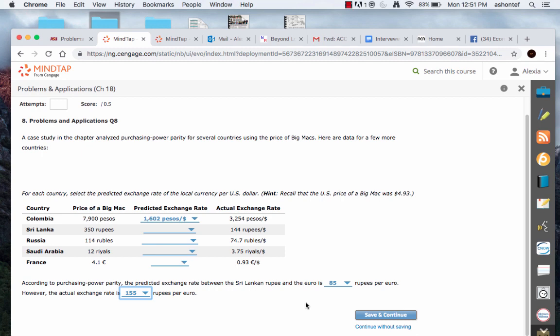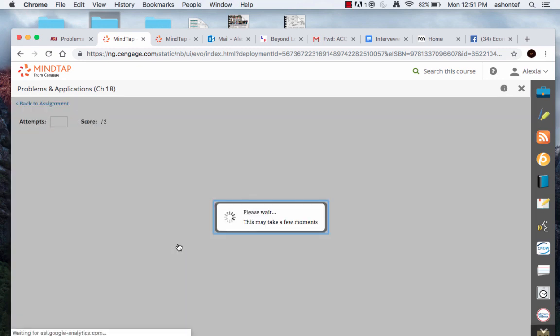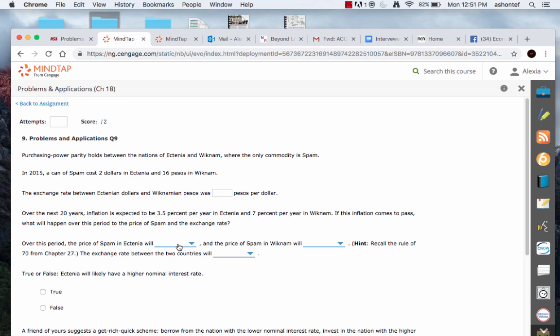There's a big assumption here: that the products are perfectly interchangeable and identical, and that there are no barriers. Then purchasing power parity can hold true, but it can be quite difficult to have the precise conditions for it to take place.